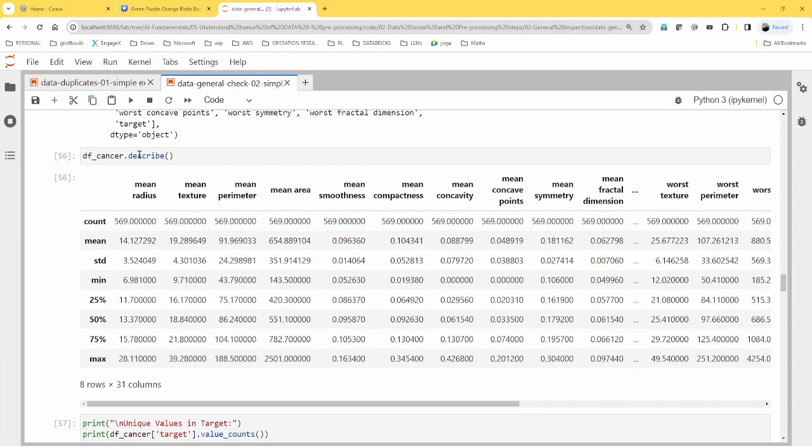So again, the describe here will give you the basic statistics on each of the columns, and this requires domain understanding, whether the standard deviation or the mean or minimum or the distribution of data as per the quartiles, 25th, 50th, 75th, and maximum, whether they are as per the expectations or not.